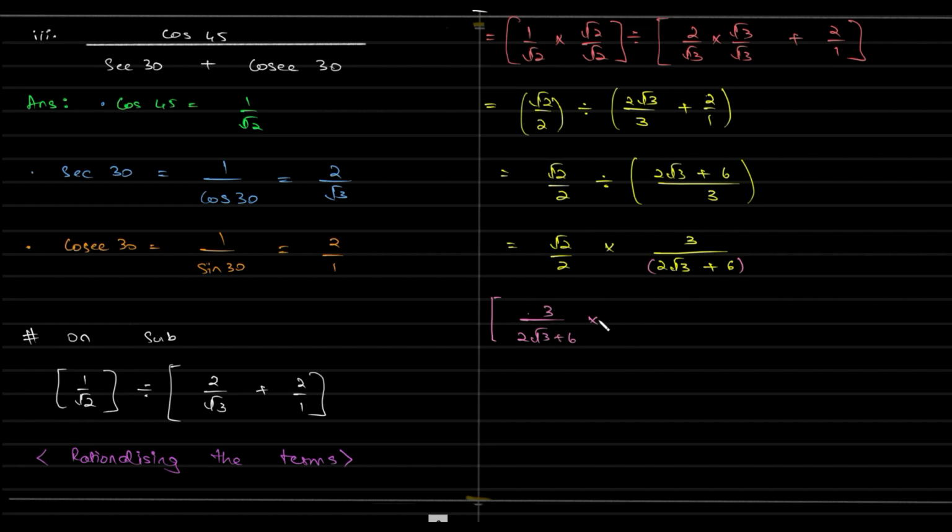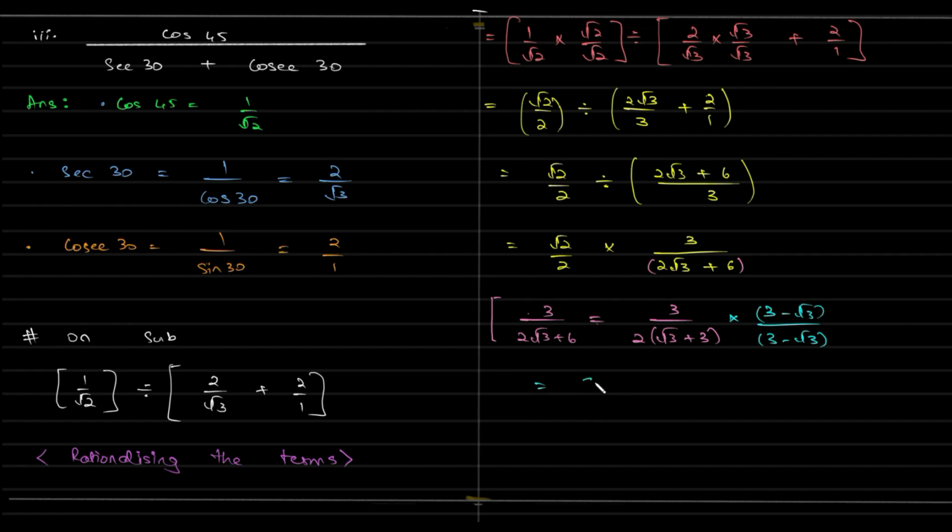So we can rewrite this as 3 divided by 2 times root 3 plus 3. So I'll multiply and divide with 3 minus root 3 divided by 3 minus root 3. This will make the job a bit easier.